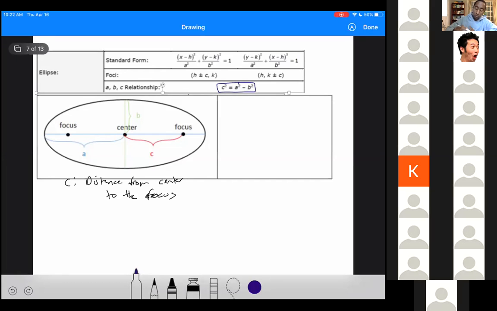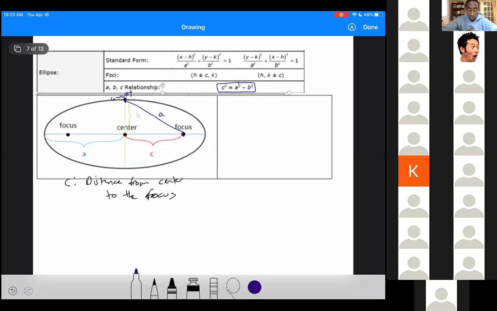So here's a focus right here, and here's a co-vertex. If you were to measure this distance, it would be equal to this distance here. We're calling this distance A. They're always going to be equal, no matter what the ellipse looks like. That's always going to be the case.